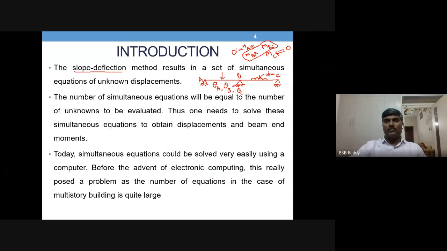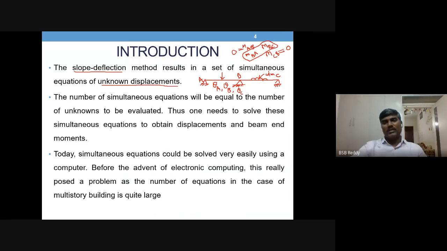So three unknowns, and we have three equations: sigma MB is 0, MAB is 0, and MCB is 0. This is a set of simultaneous equations of unknown displacements that you have to solve in the slope deflection method. The number of simultaneous equations will be equal to the number of unknowns to be evaluated.